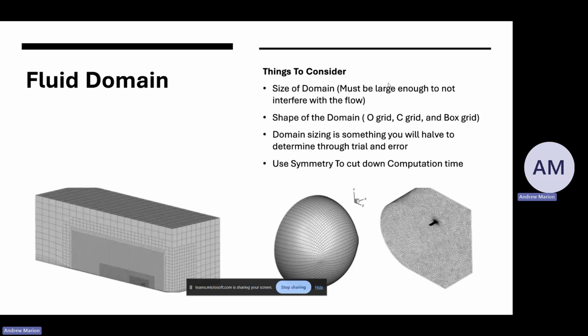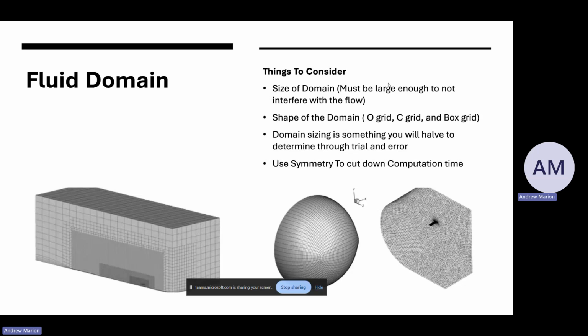Another thing we do when we're building our domain is use symmetry to cut down on computational time. If you have a wing, instead of simulating the whole wing, you can simulate half of it if it's symmetrical on both sides. You get the same results, and then you just double the results for your final result. You could keep cutting it down, if the wing's completely a rectangle, till you get to an airfoil.